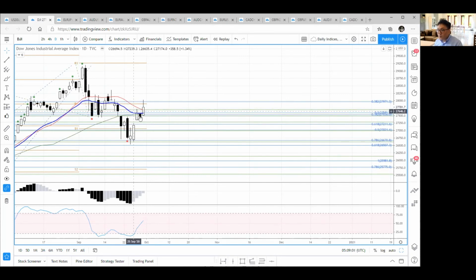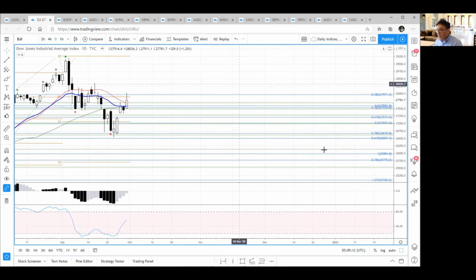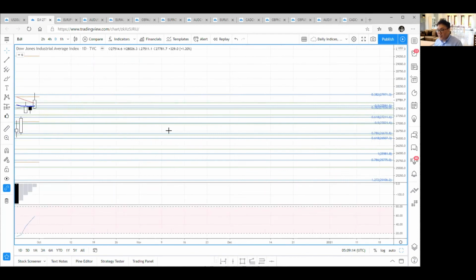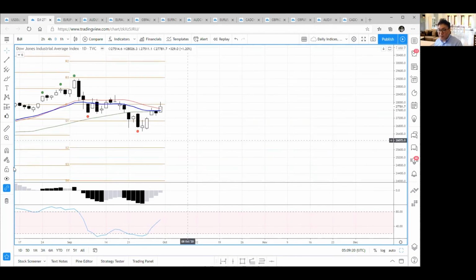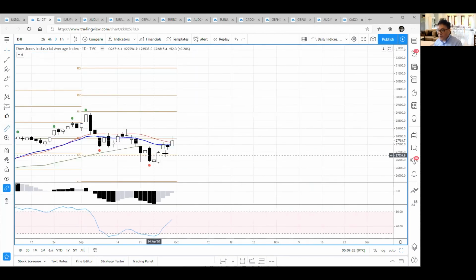So go down a bit, and that's your C, sorry, XAB, that's your C, and then this is a D. Now you do your homework. This is an early reversal. If you took this trade, you keep it for a long move.